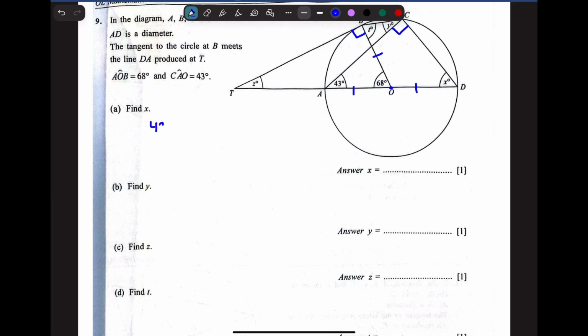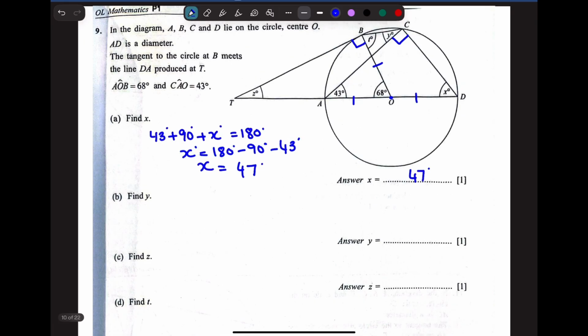So 43 plus 90 plus X should be 180 because the sum of angles in a triangle is 180. So X is equal to 180 minus 90 minus 43. X is going to be 47 degrees. So angle X is 47 degrees.